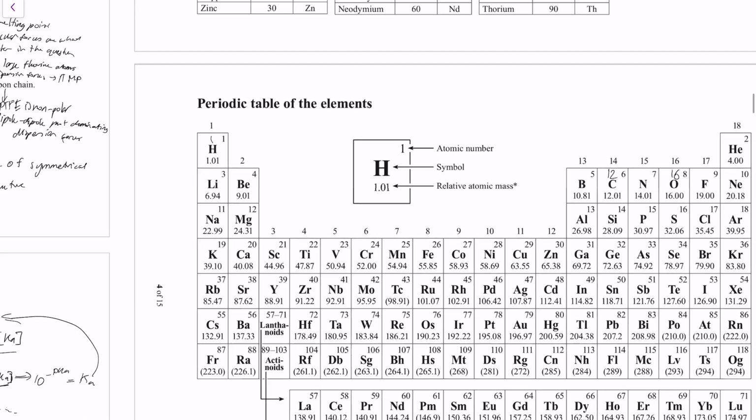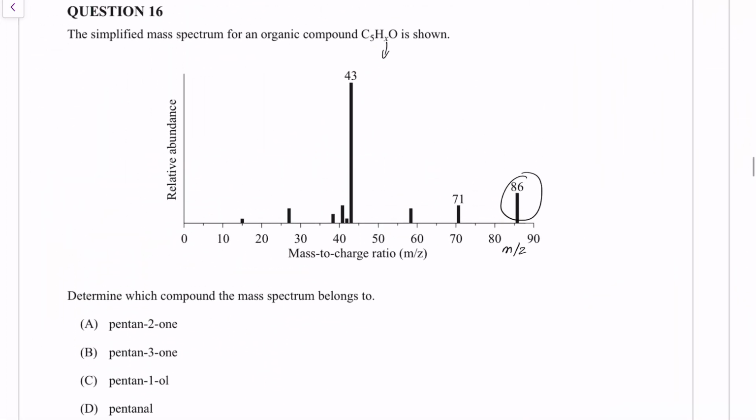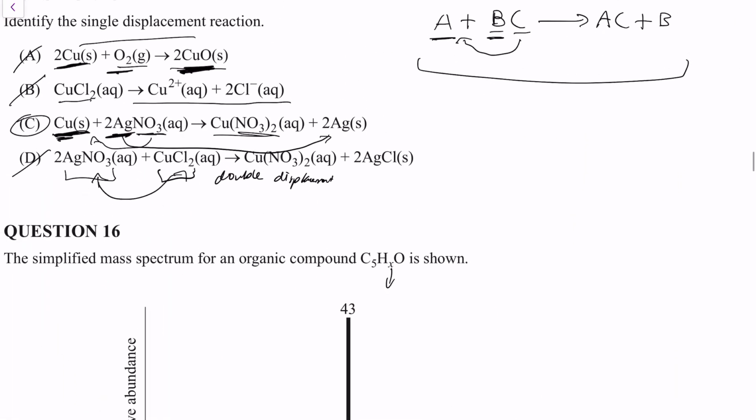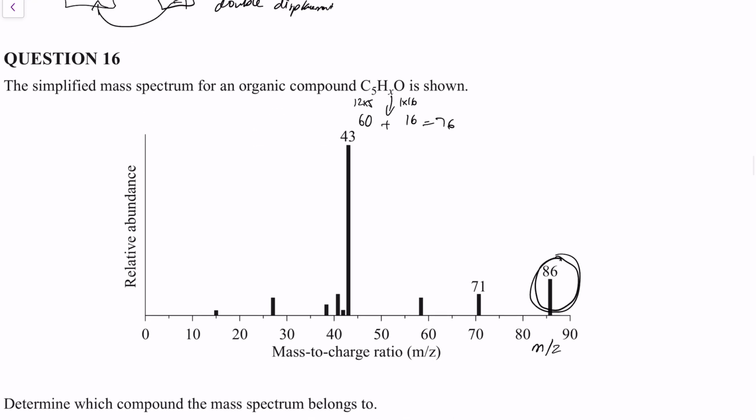Okay, so if we keep that in mind or just memorize that, then we can calculate 5 carbons are going to have 12 times 5, and 1 oxygen is going to have 1 times 16. Okay, so we have 60 and 16, just doing some quick maths there. Adding that, we'll get to 76. So what's left over for the 86 total mass?